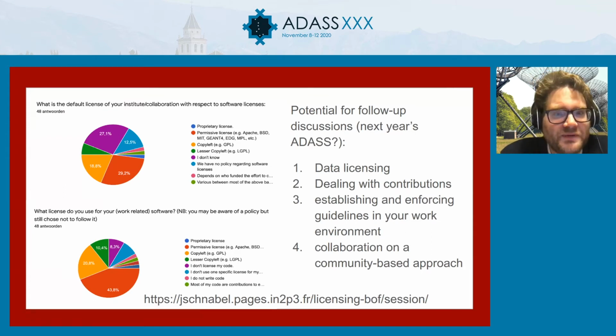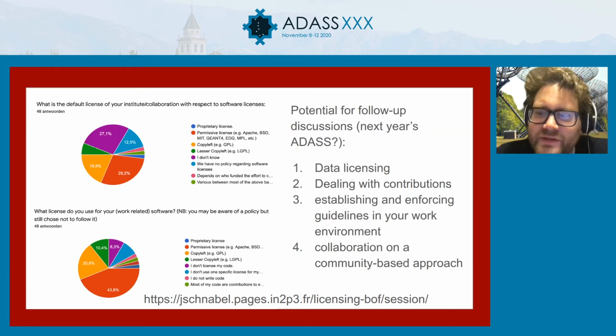I think that's an interesting result. Also, referring back to the second BOF of today, which was talking about herding cats, again, you see that permissive licenses are quite popular in our field. I think those are the two main things you could immediately say based on the images.